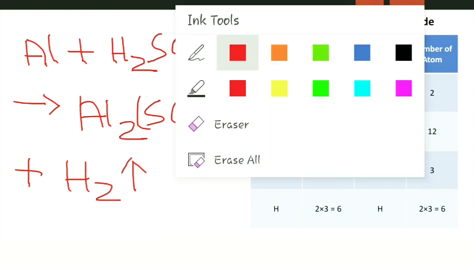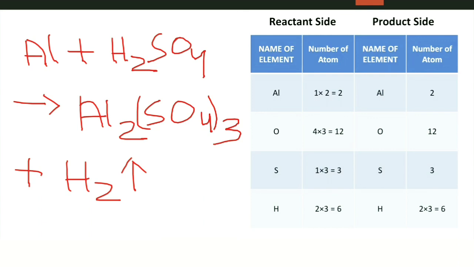According to the rule, as aluminium is a metal, we will first balance the metal. In the product side, aluminium has 2 atoms, but in the reactant side it has only 1 atom. So to balance it, we will multiply the atom of aluminium by 2.